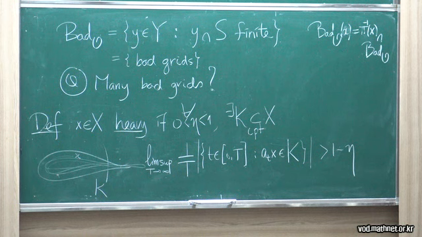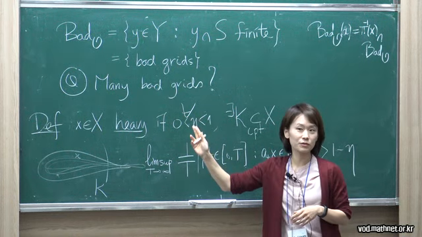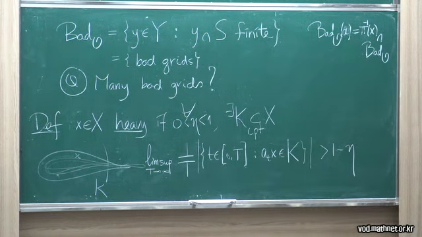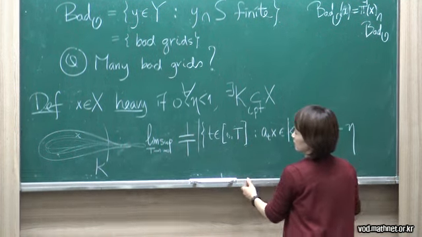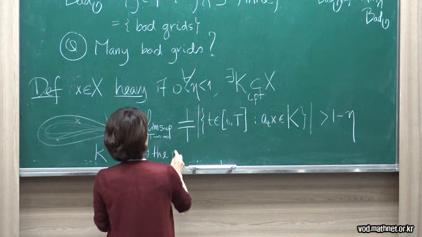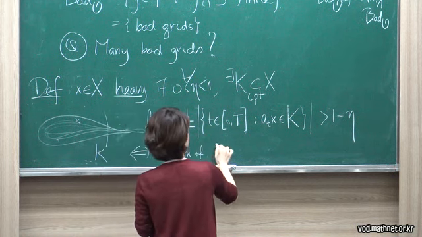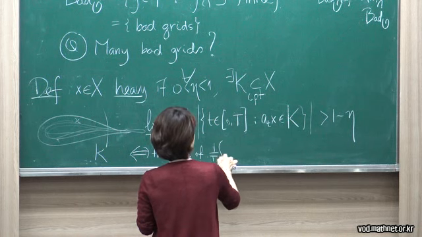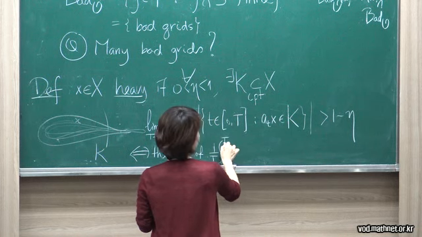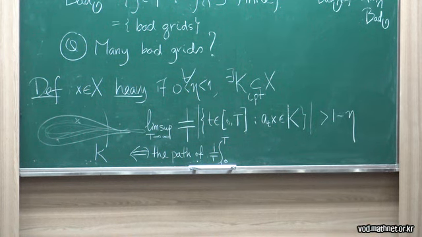Yeah? Proportion of time is very interesting. Right. And that's only lim sup. So you have a sequence of T_i going to infinity. So if you have this heavy lattice, in terms of measures, it means that the path of measures that are given by averaging on the orbit of x will go to some probability measure.